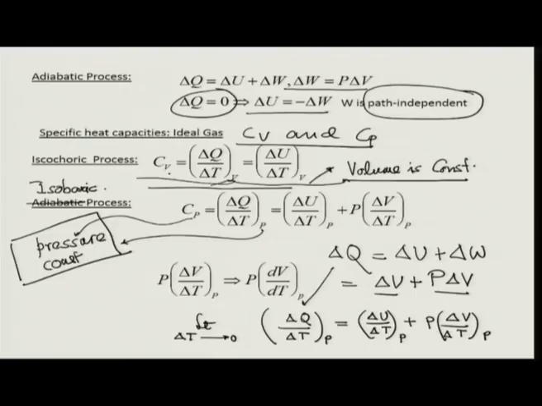So, this is my Cv, this is my Cp, and I want to know what is the difference between Cp and Cv. This is important because what is our purpose? We want to calculate P dV in an adiabatic process. In an adiabatic process, temperature will not remain constant, temperature changes.